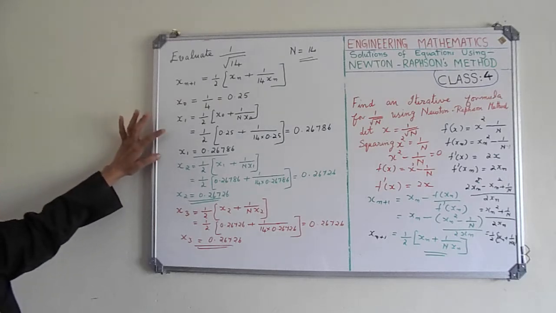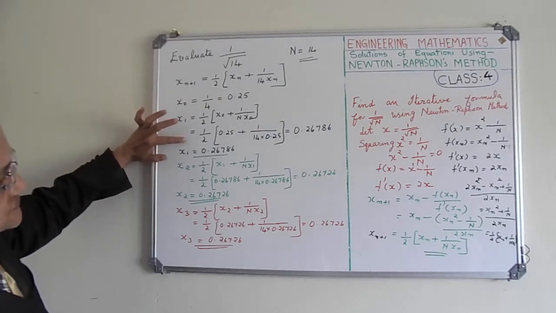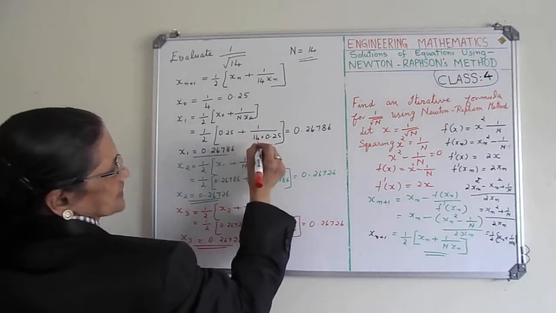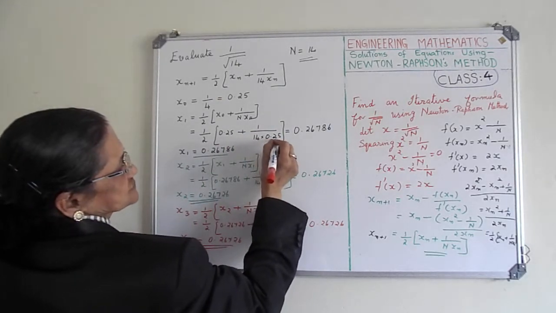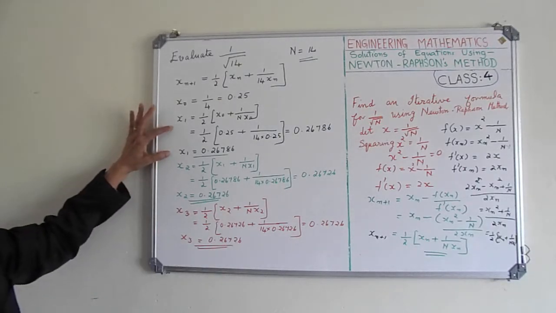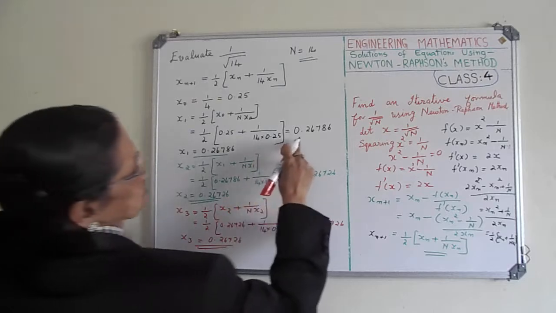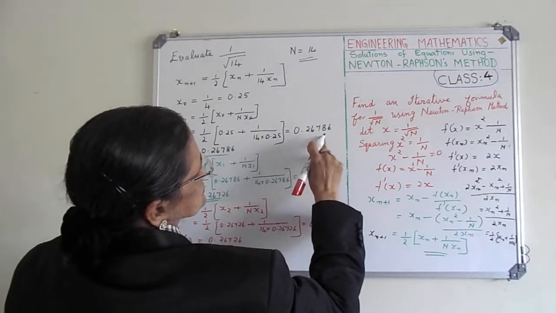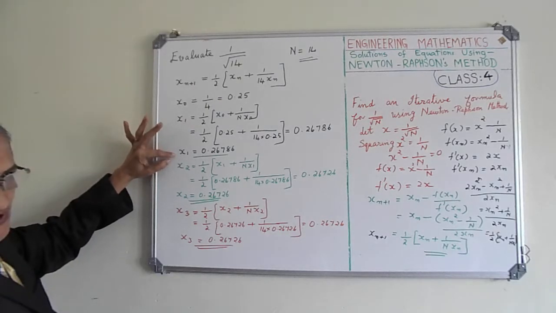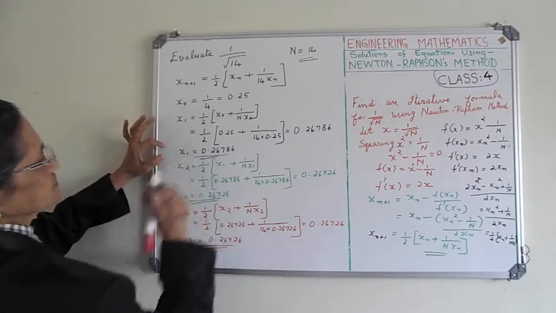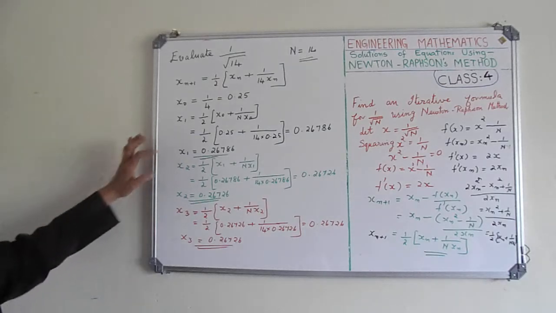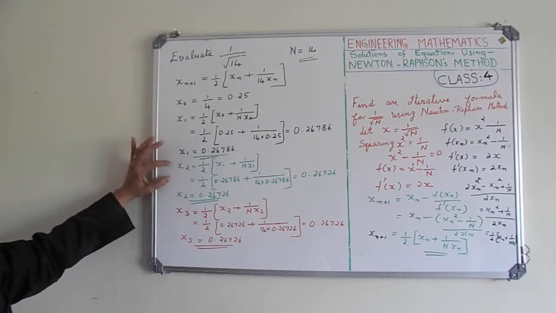Substituting in this equation, we have x1 is equal to half times (0.25 plus 1 upon 14 times 0.25). When you simplify this, you will get the answer as 0.26786. See, the first approximation is x1 is equal to 0.26786.